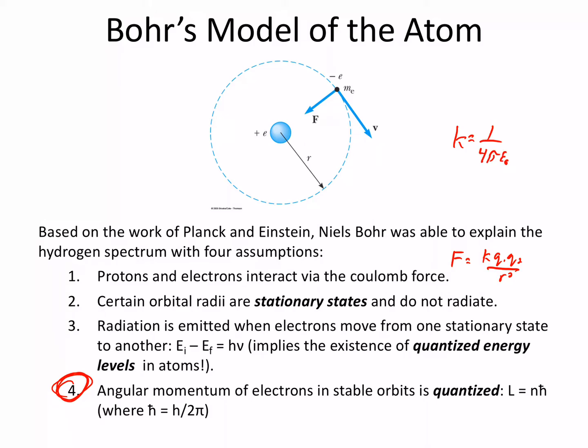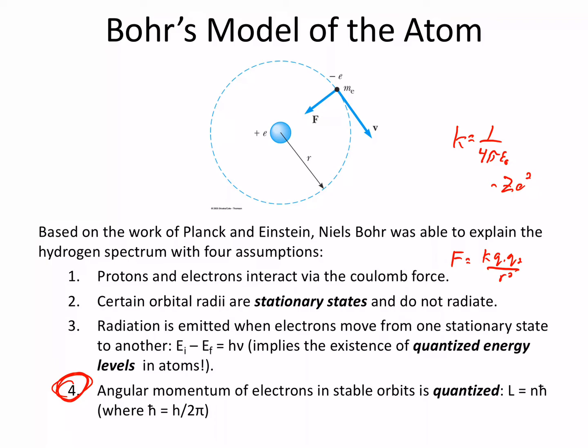And in this case, Q1 times Q2 will be Z, which is the charge of the nucleus, times E squared. And we would have a positive Z for the protons, then negative for the electron, right? Anyway, now this is the interesting part, 2 and 3, right?